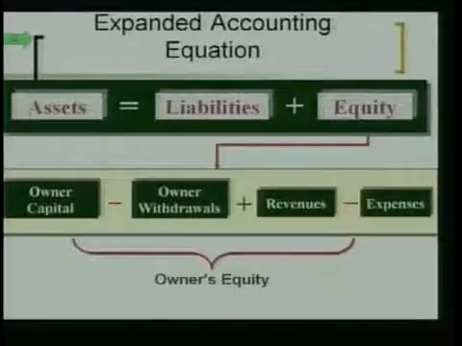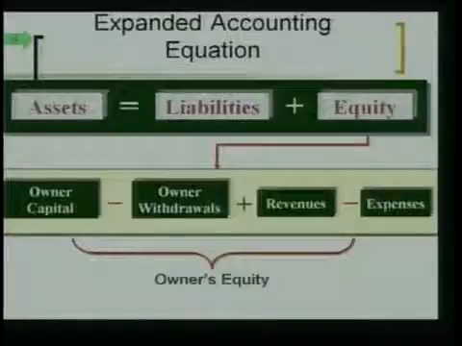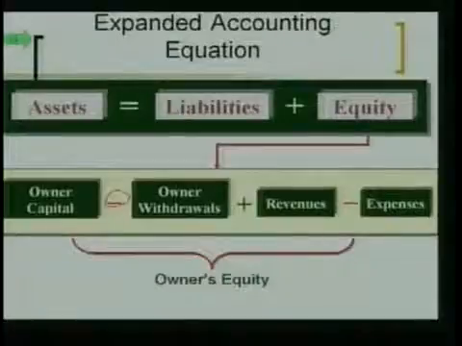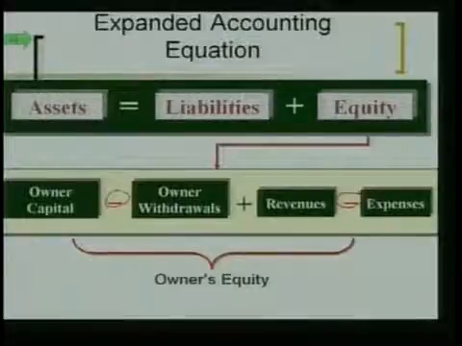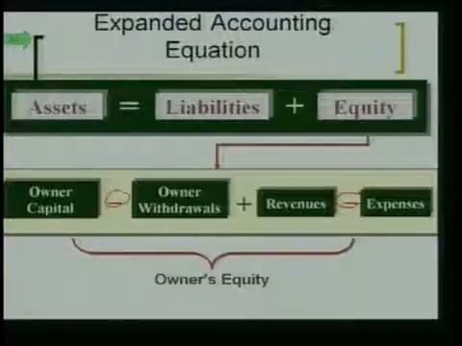Revenues and investments by the owner into the business, which we keep track of in the capital account, as those increase, owner's equity increases. But I want you to be aware of these minus signs here, because for those items, when they increase, owner's equity decreases. Does that make sense? All right, good.